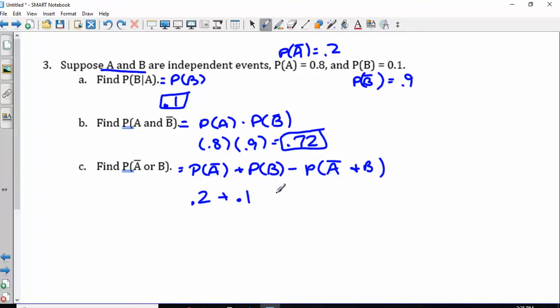These are independent, so to find the and, we already did one like it on the previous question, you just multiply it. So just 0.2 times 0.1. So we get 0.28. Is that okay?